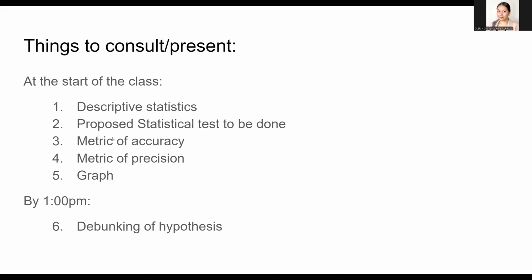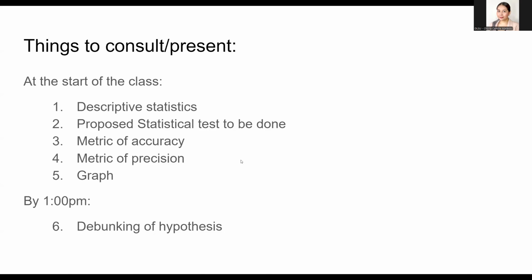And then next, I'll hear what your proposed statistical test is, one per group again. So group 1, group 2, group 3, group 4. Once everybody has told me what their proposed statistical test will be, I'll give my comments, and then we'll go to metrics of accuracy, metrics of precision, and then graph. And then after that, I'll give you some time, or I'll walk you through the process of debunking the hypothesis.